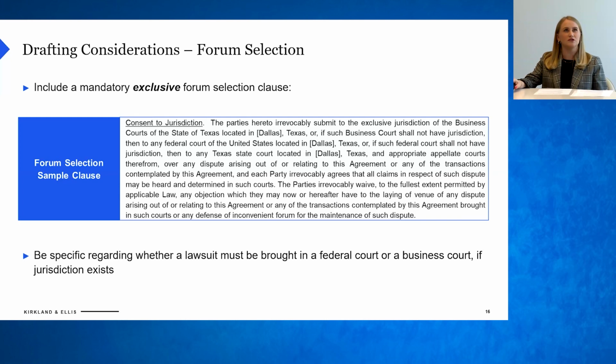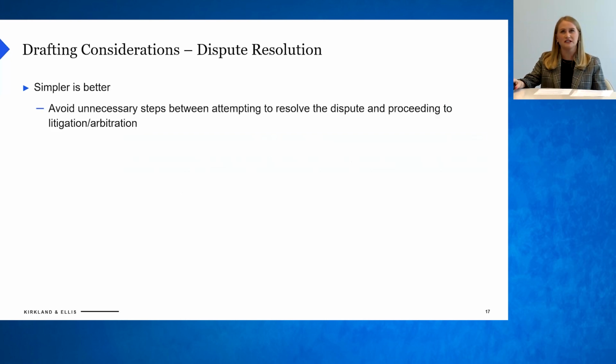So, just drafting considerations, this is for more of a dispute resolution, kind of thinking of this in terms of purchase price adjustments and how the disputes are resolved there, or any other dispute resolution where the parties are able to determine whether they come to litigation. Simpler is better.